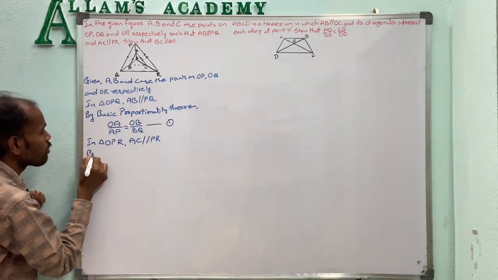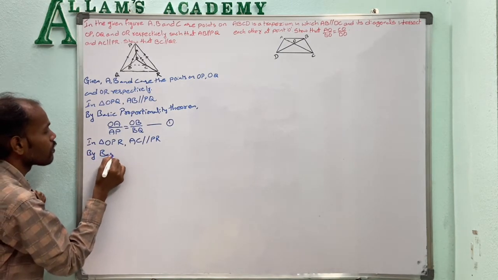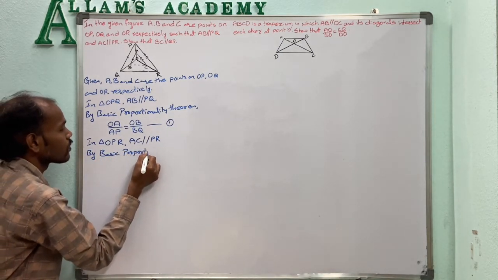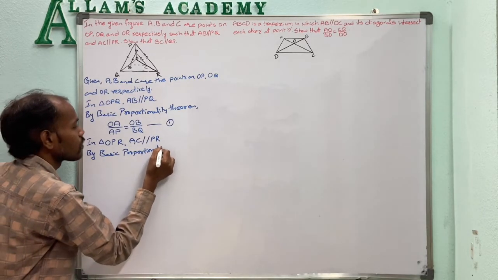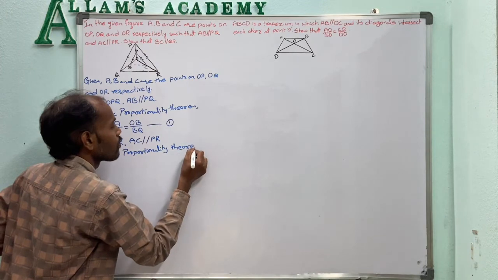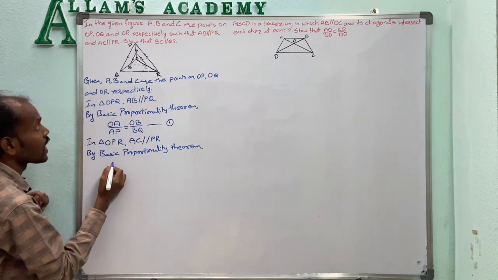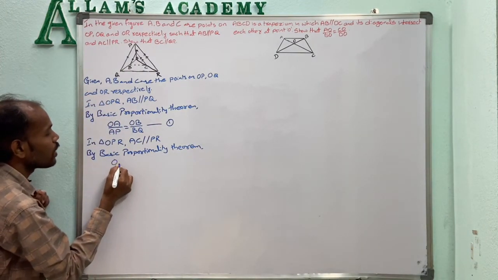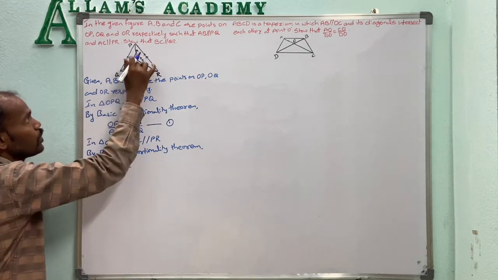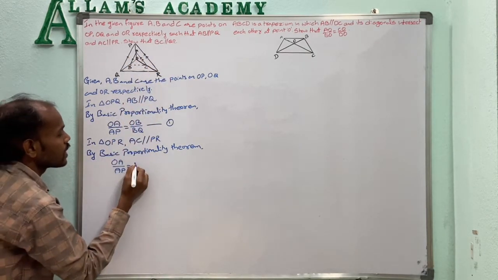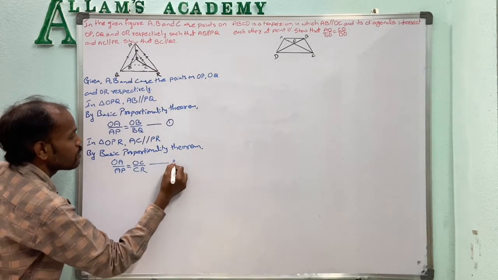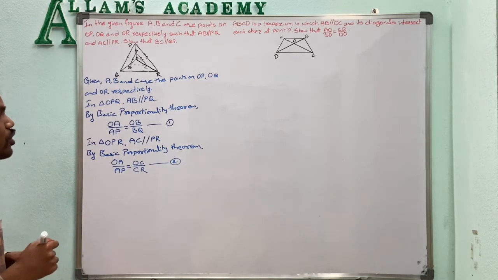So by the basic proportionality theorem, we can write OA by AP equal to OC by CR. This we take as equation 2.